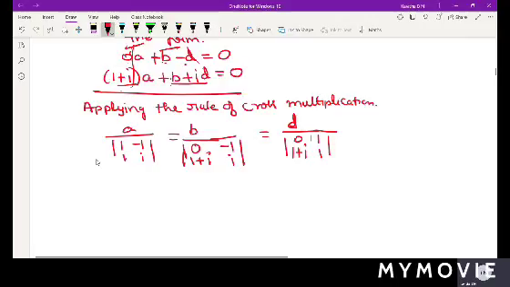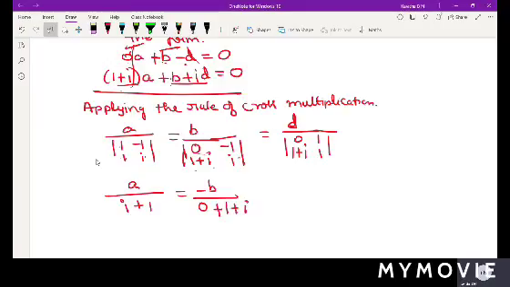Then for a: 1 into i is i, 1 into minus 1 is minus 1, so plus 1 and the next is minus b. Then 0 into i is 0, minus 1 into 1 plus i is minus 1 plus i, minus into minus gives plus 1 plus i.